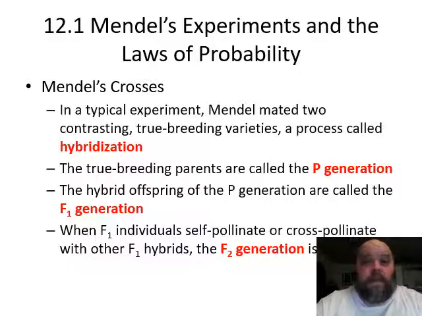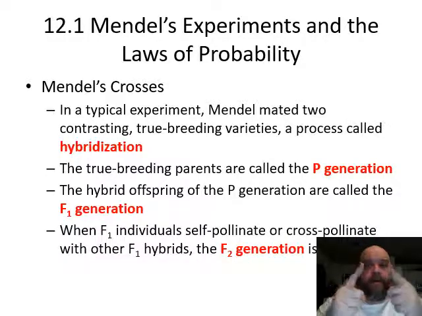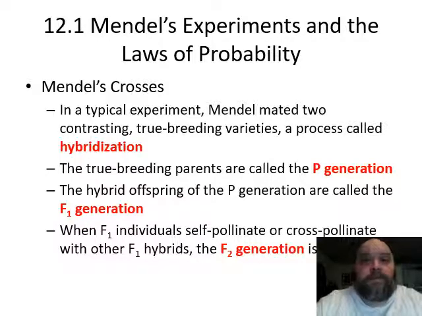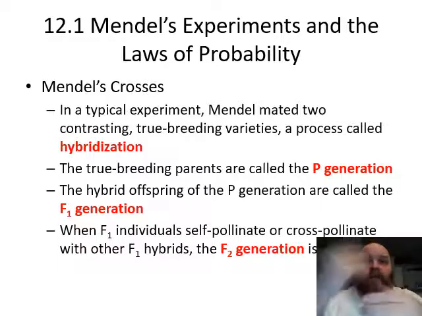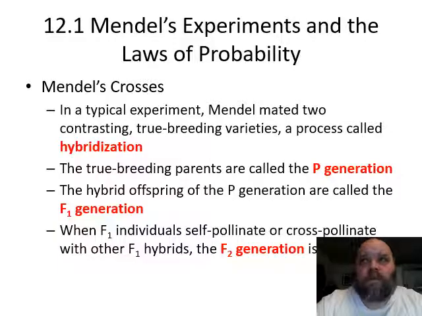Filial 1 generation, the first filial generation. We just refer to it as the F1s. You take an F1 and another F1, you hybridize, breed those together. Their resulting offspring are the second filial generation, F2. Take two F2s, mate those together, F3, F4, F5, and so on and so forth.